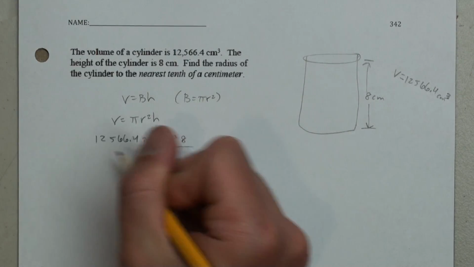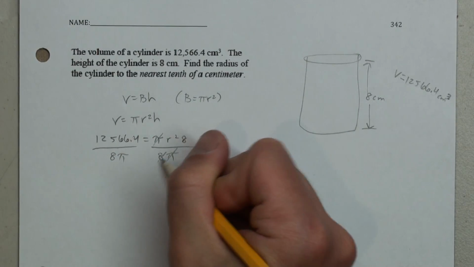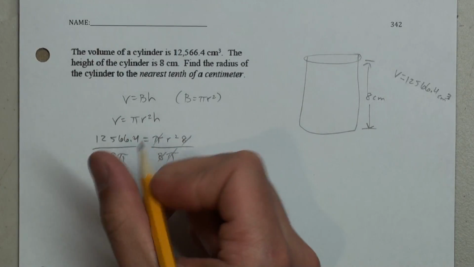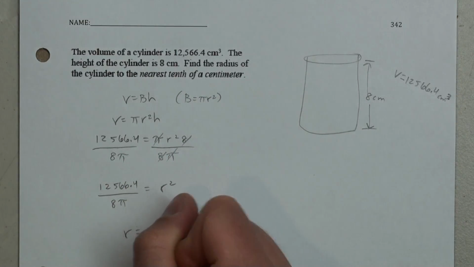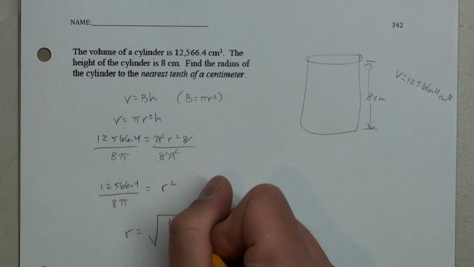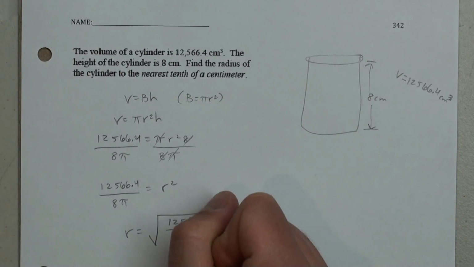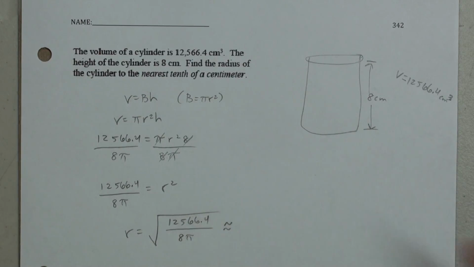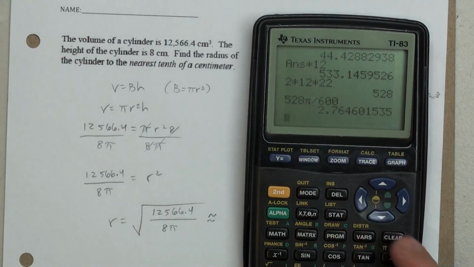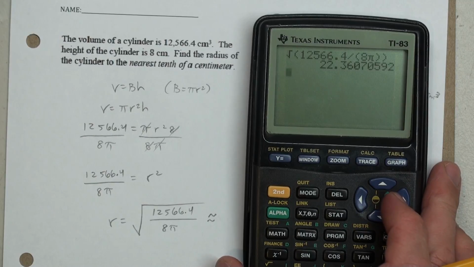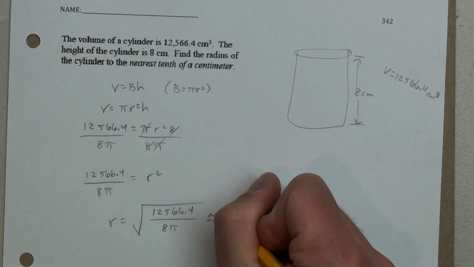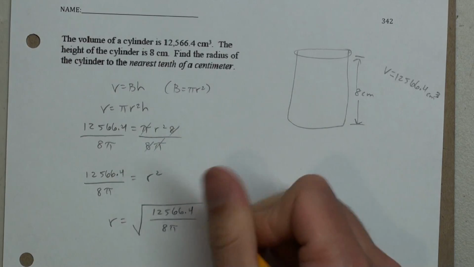So first we're going to divide by 8 pi. Cancel, cancel, cancel, cancel. So r squared is 12566.4 over 8 pi. So then r is the square root of 12566.4 over 8 pi, which is approximately, when we round, 22.4 centimeters.